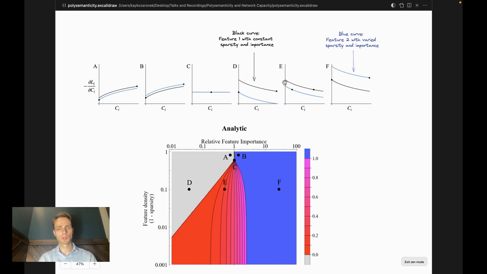We can also look at point E, where the marginal reduction in loss for the black feature is so much higher up until a certain point where there's parity between the reduction in loss for the blue feature and the black feature. And that's exactly where these two meet. And so we will get a polysemantic neuron that activates on both of these.